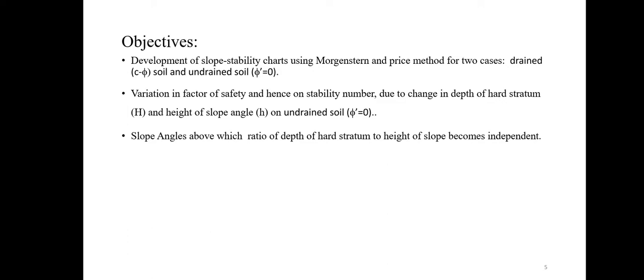Along with this, slope angles above which the ratio of the depth of stratum to the height of slope becomes independent. These are the objectives which we try to derive at the end of the project. Also, the study results are compared with those given by Taylor, and with some of the Taylor revisited charts.